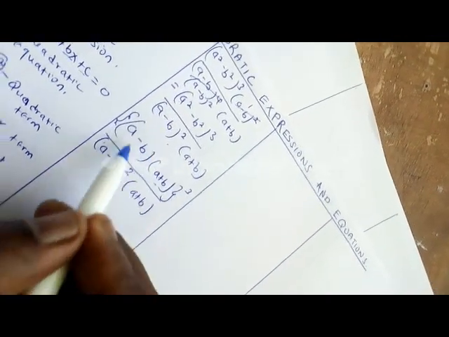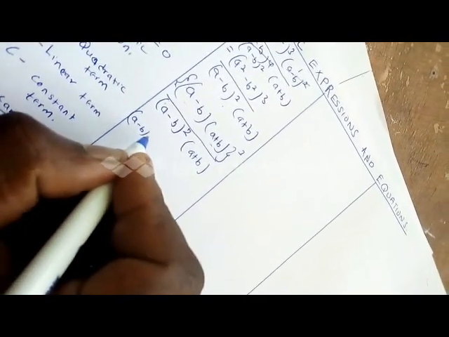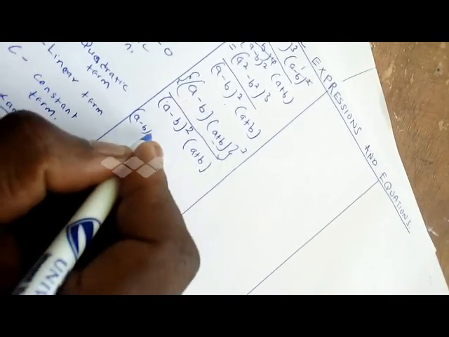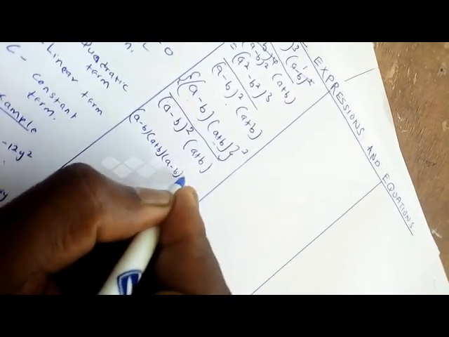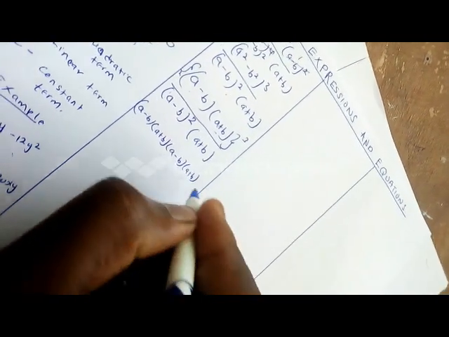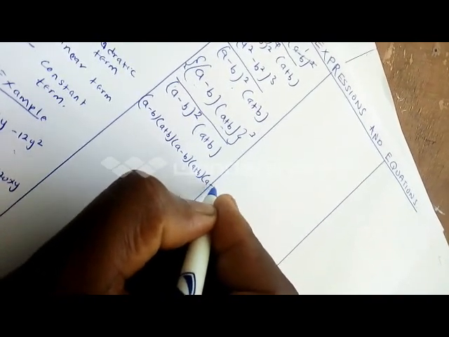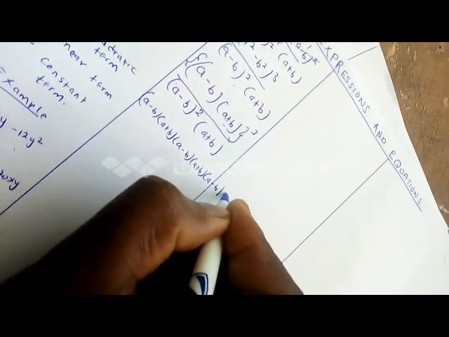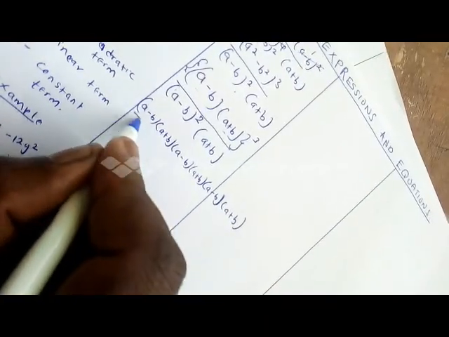So from there, you can open up on this one so that you have (a minus b)(a plus b), so have (a minus b)(a plus b), and you have the last section of (a minus b)(a plus b). Sorry, allow me to just write it like that so that we may have some flow.